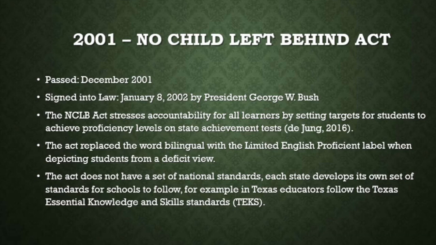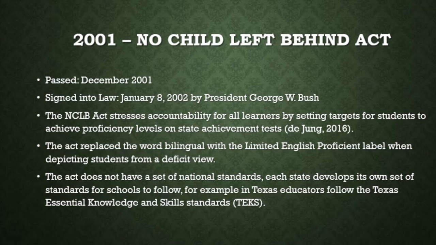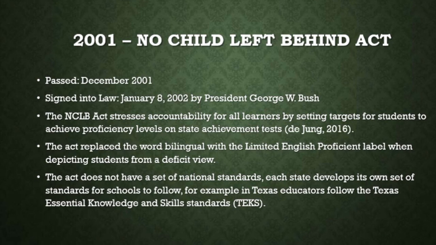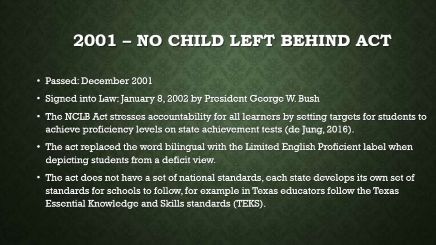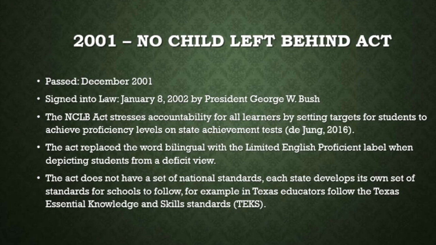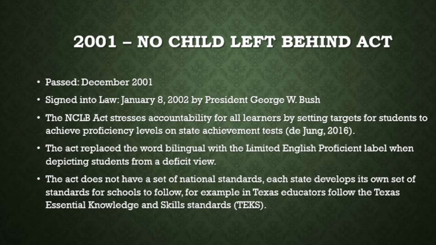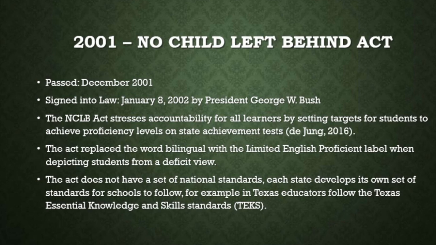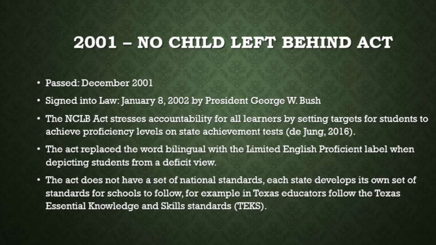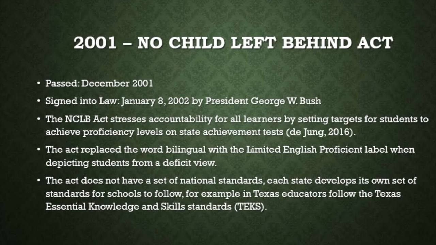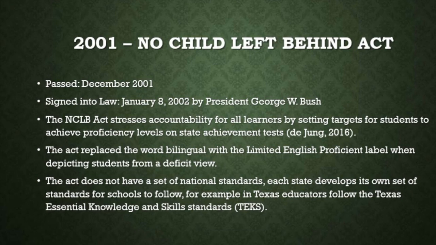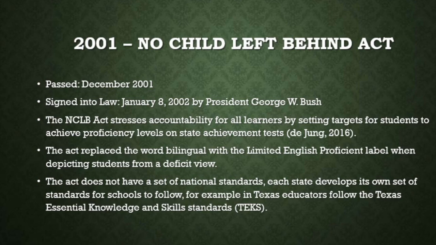The Act replaced the word bilingual with a limited English proficient label when depicting students from a deficit view. The Act does not have a set of national standards, as each state is required to develop its own set of standards for schools to follow. For example, in Texas, educators follow the Texas Essential Knowledge and Skills Standards.